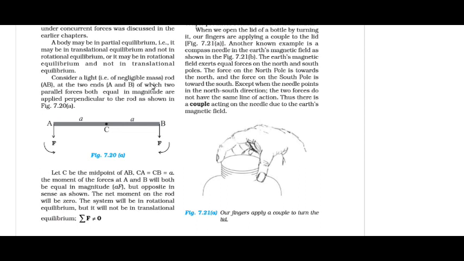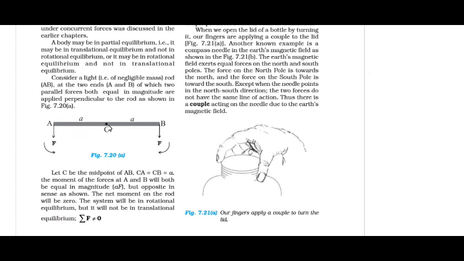Consider a light rod AB, of negligible mass, at two ends A and B of which two parallel forces, both equal in magnitude, are applied perpendicular to the rod as shown. So this is rod AB.